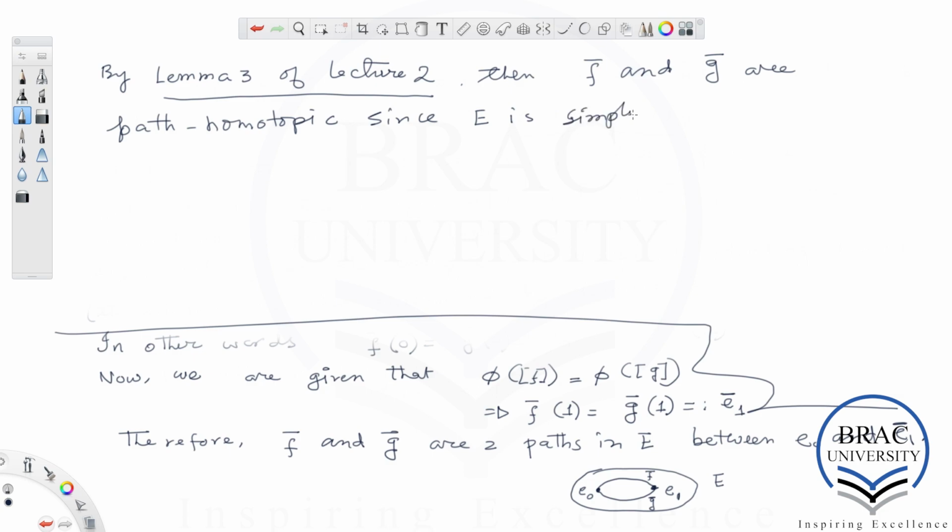Okay. So in other words, intuitively speaking, there is no such hole here, so that you will always be able to continuously deform F bar into G bar. Okay, there is no such hole here.